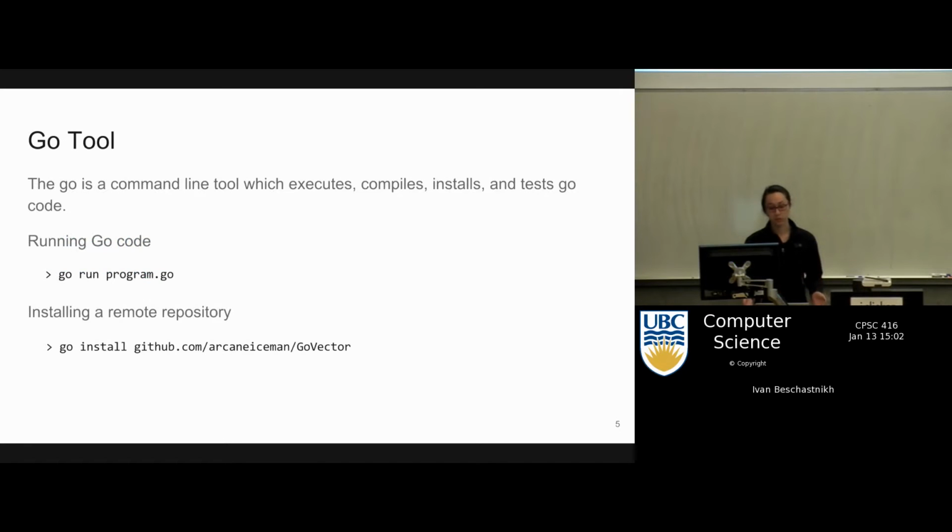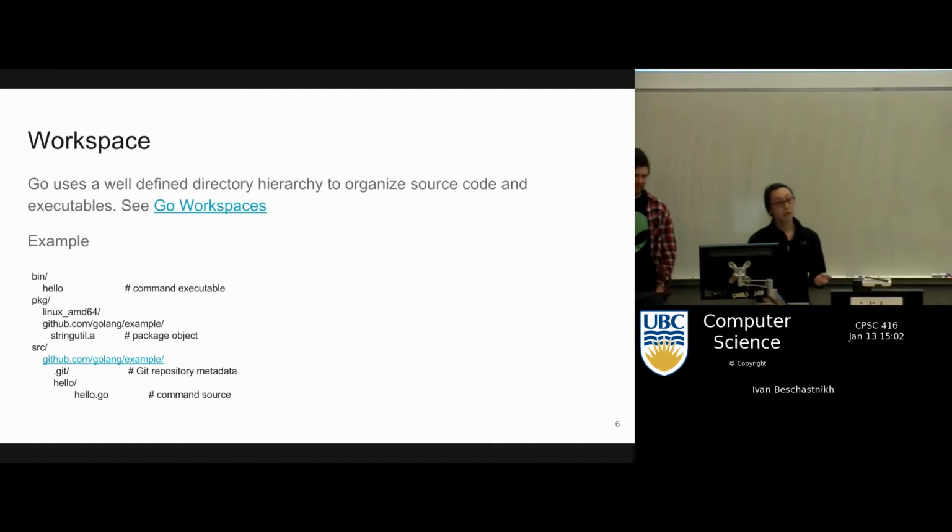So the Go tool, how you run it, and then how you also install it. You guys should know the run tool because I'm assuming that's what you've been using. The install tool is more important when it comes to third-party packages like GoVector or creating very complicated systems with multiple files. Same with the workspace.